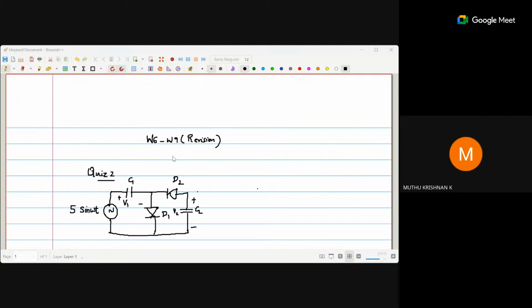We are required to find the output voltage at minus 5 volts. It comes before this question, ma'am, actually. Shall I share my screen, ma'am? Here, can you see right now?